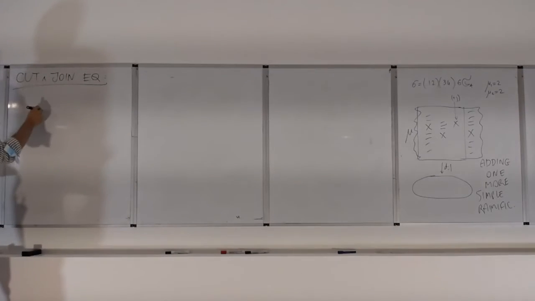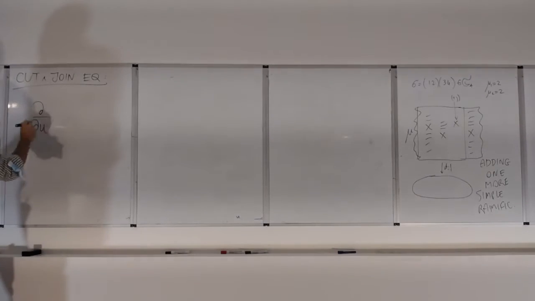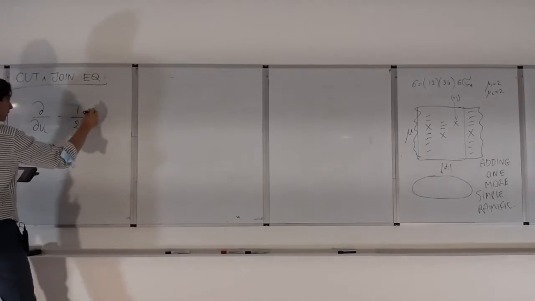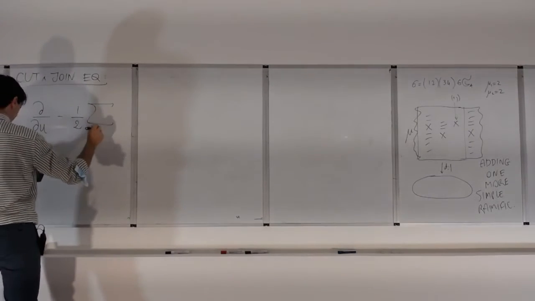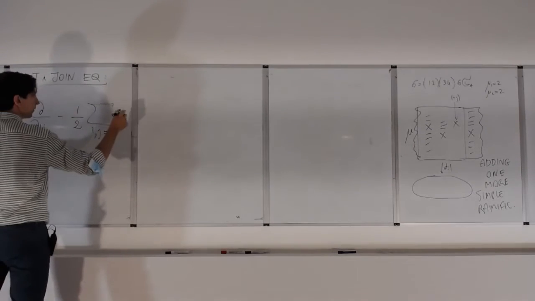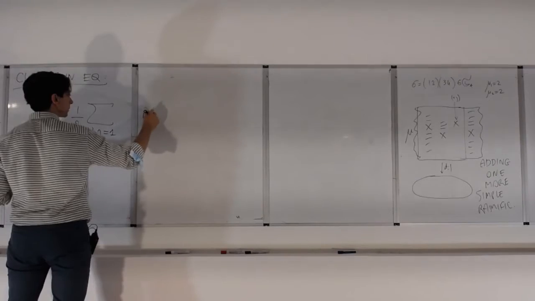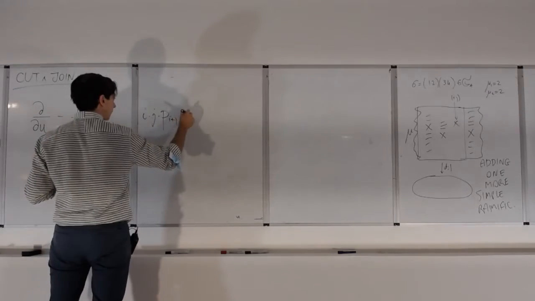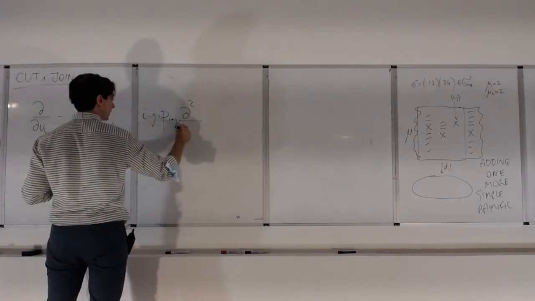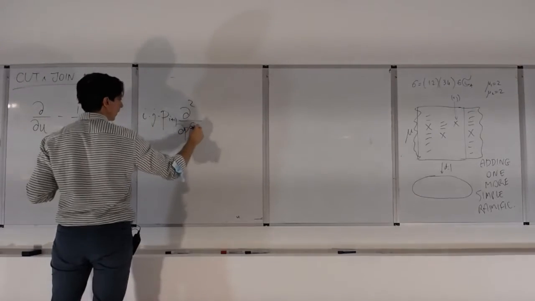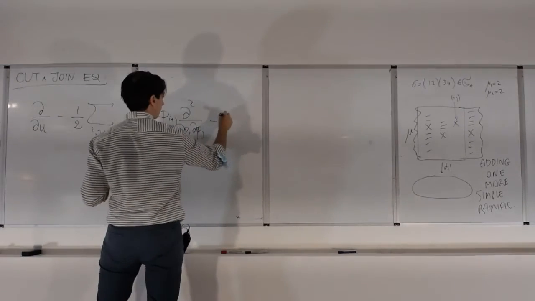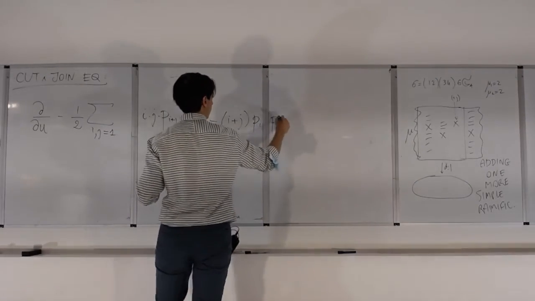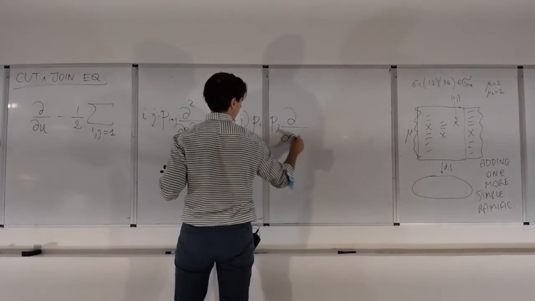So I claim that if you take d over du minus 1/2 sum over i and j, starting from 1, and here you have i times j times p_{i+j}, double derivative d over dp_i d over dp_j, minus (i+j) p_i times p_j, derivative d over dp_{i+j}.